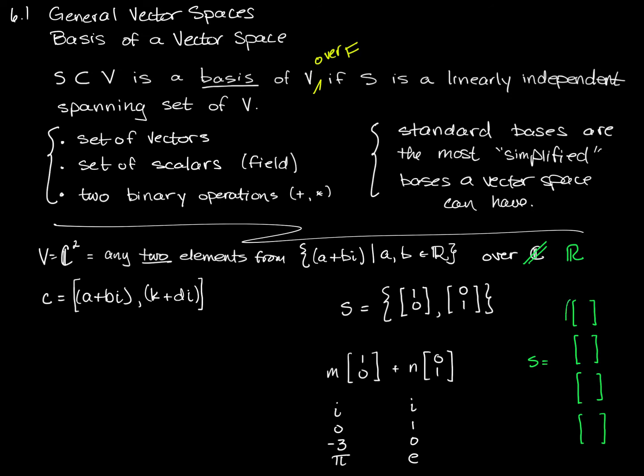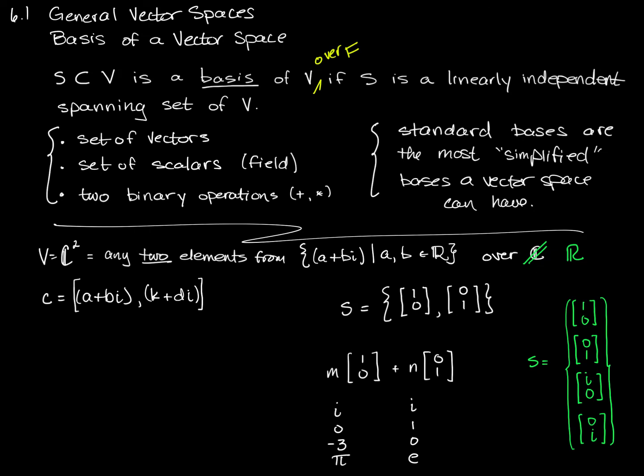So I have to find a different way to make sure I can include combinations that have complex numbers in them. So I'm going to have 1, 0, and 0, 1, but I'm also going to have i, 0, and 0, i. That is a standard basis for C2 over the field of the real numbers.